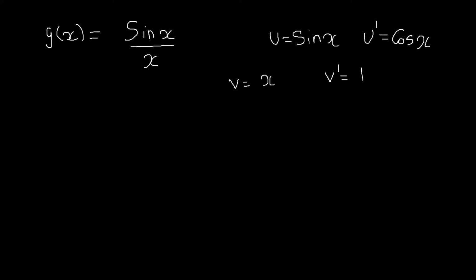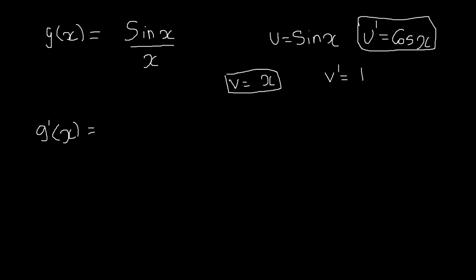So if we now differentiate g of x, we'll get g prime of x. We had to multiply v and u prime first. Multiplying them together will give us x cosine x.